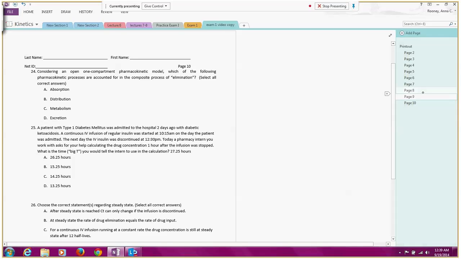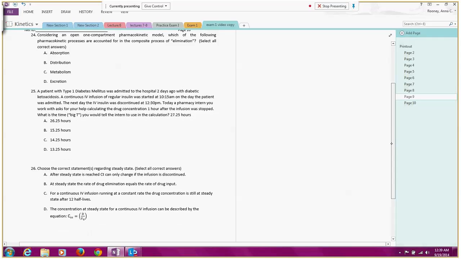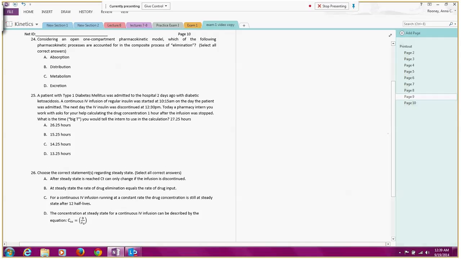So for 24, 25, and 26, I'm just going to go quickly through these because they're very simple. This is a relation to ADME, which is absorption, distribution, metabolism, excretion.